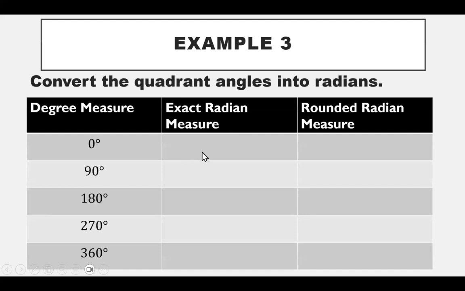So if we wanted to figure out the degree measures for these, we could. We could also come up with the radian measures. I was kind of talking through that. But I also want to make you aware of where those radian measures are at, approximate value wise, like pi over 2, pi itself, 3 pi over 2, and all of those.